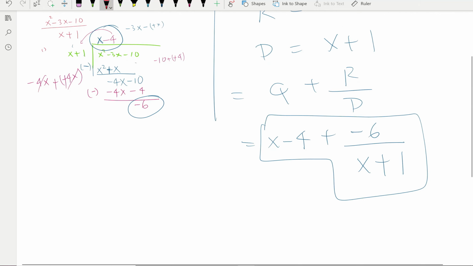Now what you have to do from here on is, here you have another fraction which is a case 1 scenario. Now do the decomposition for this fraction again. Actually, in this specific example you don't need to do anything because we only have one factor. It's already in its simplest format, already kind of decomposed. We don't have any distinct linear factors, repeated factors or irreducible factors, so we can stop here.